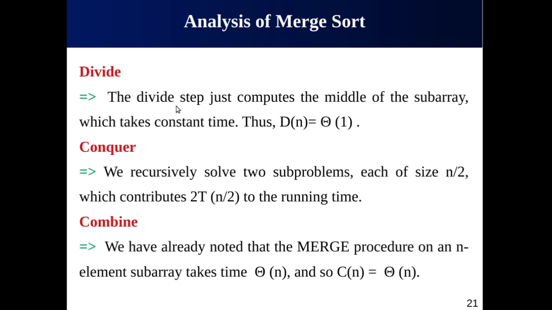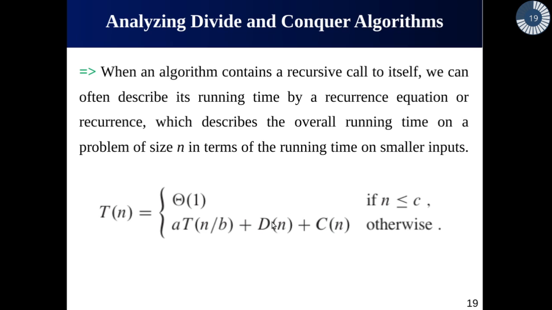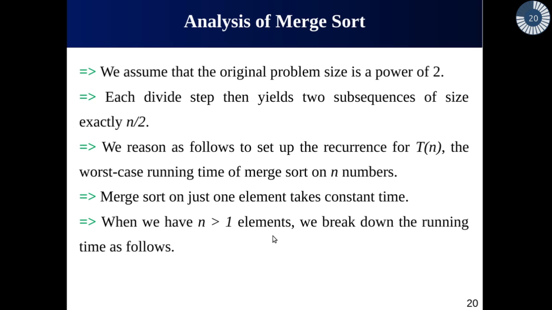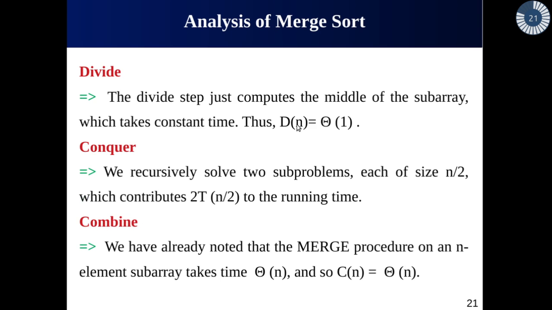In the divide step, we do a single thing, and that is to find the mid item of the subarray, and we know that it will take constant time, so we can represent it by theta 1. D of n, as we saw in this equation, is actually the division, and n represents the size.